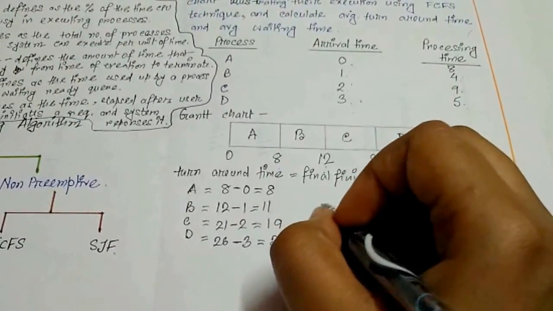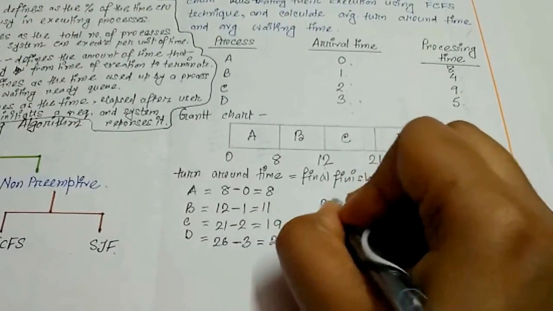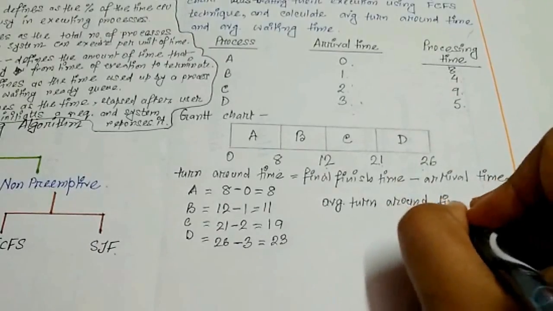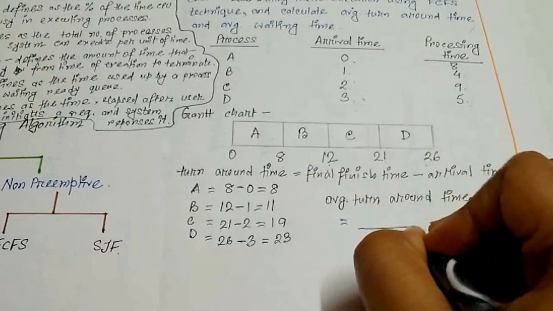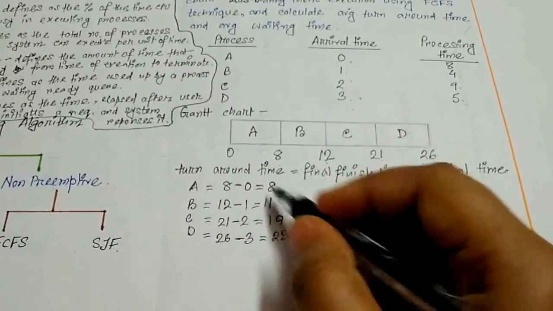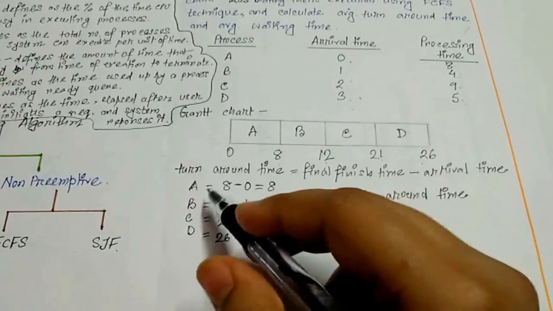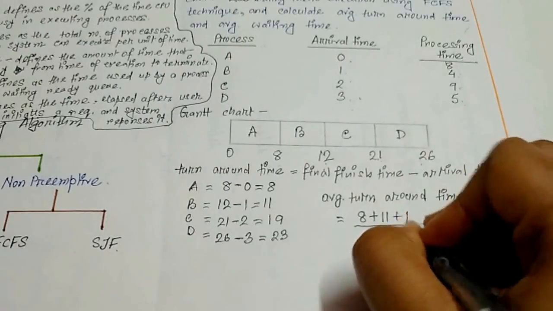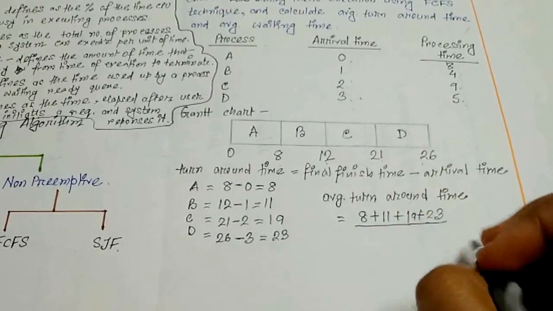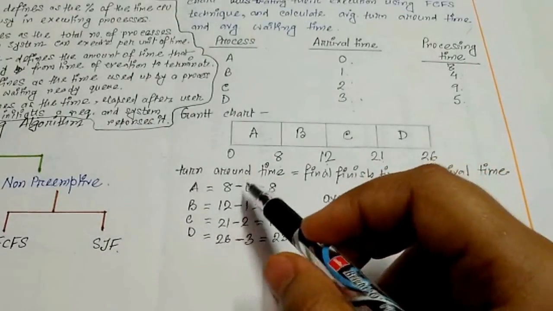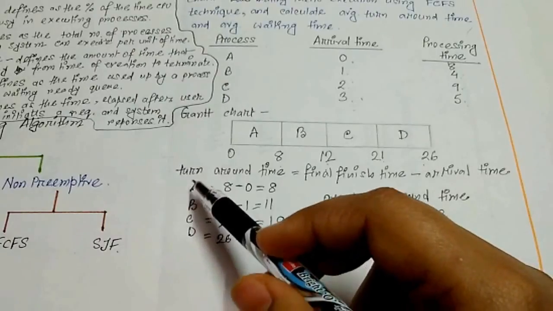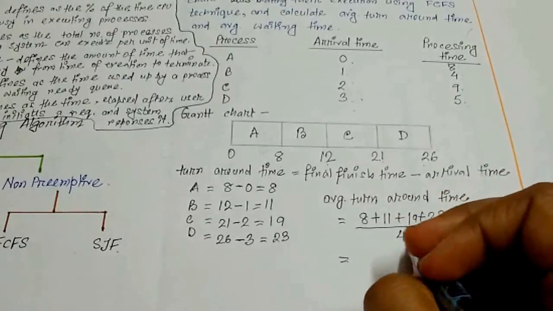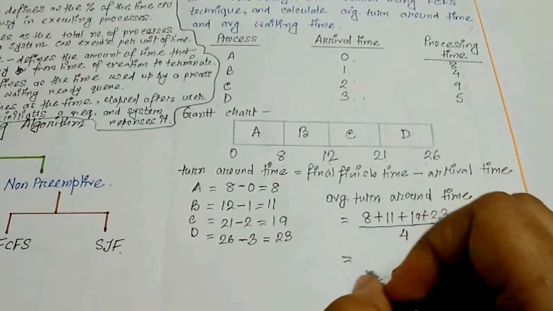Now, the question mentions average turnaround time. We all know how an average can be calculated. The average turnaround time is: we add all the turnaround times of processes A, B, C, D, that is 8 plus 11 plus 19 plus 23, and divide it by 4 because there are 4 processes.